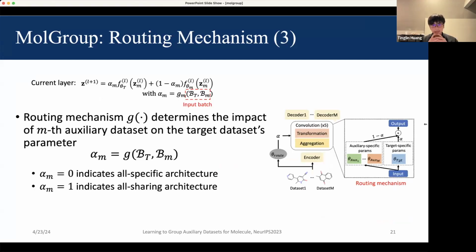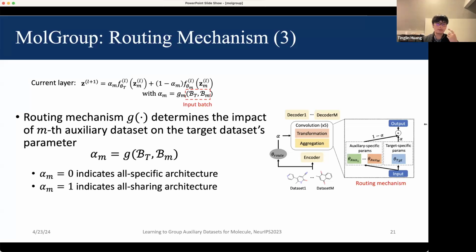Intuitively, this routing mechanism can enable the model to determine the impact of one auxiliary dataset on the target dataset's parameters. Here are two situations.